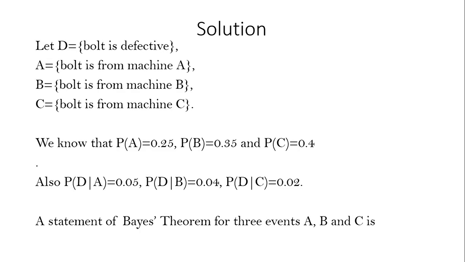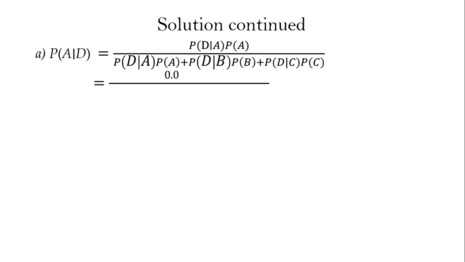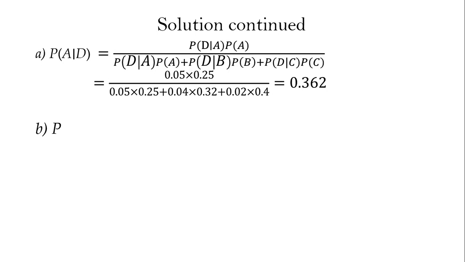Let's just go a bit up. Your probability of B is supposed to be 0.35, so you'll help me and make that correction there. Then you'll confirm the final answer there.